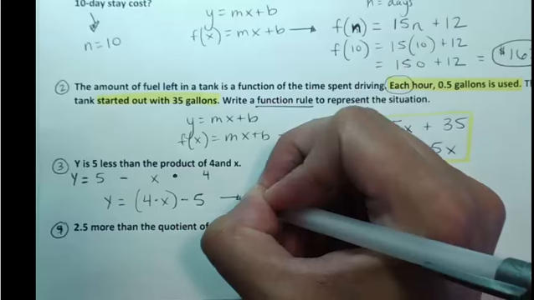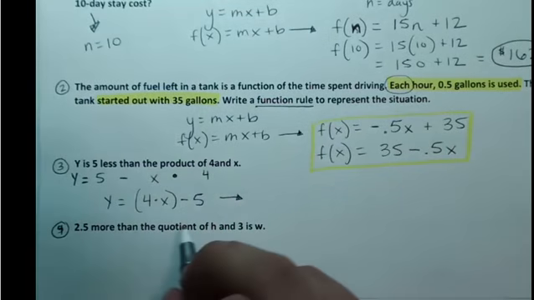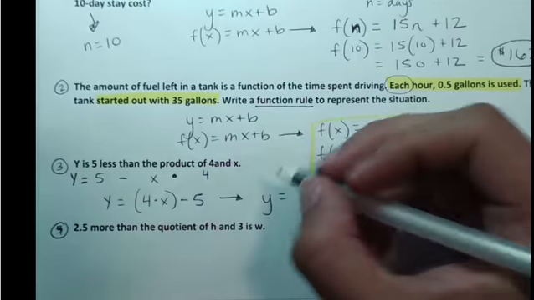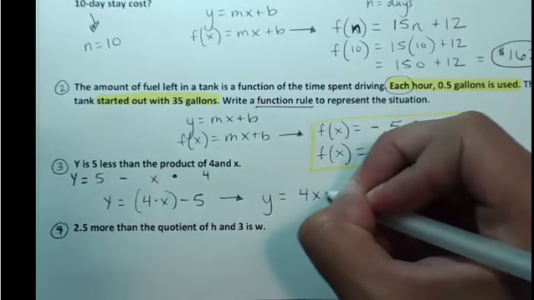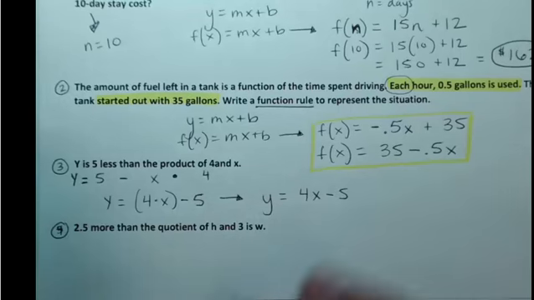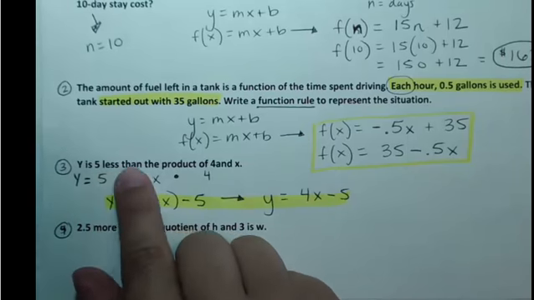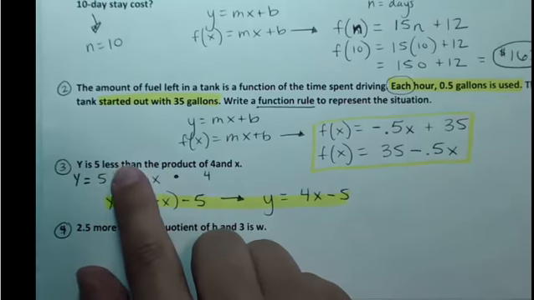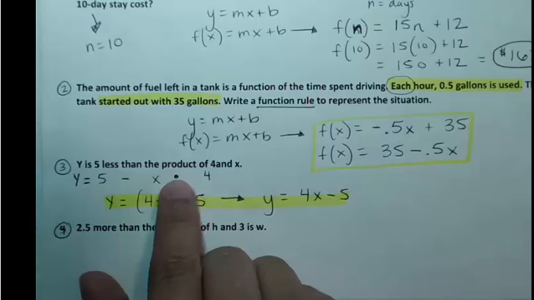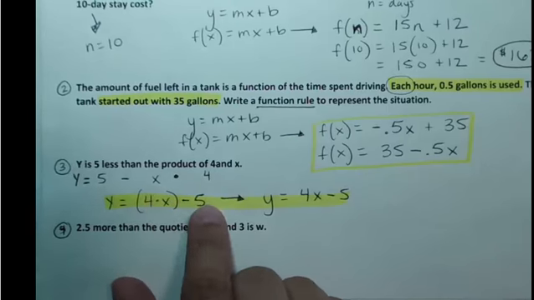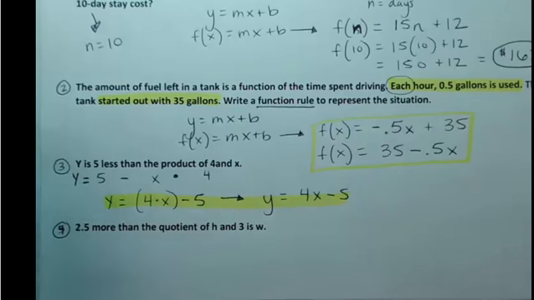Now if I simplify this a little bit more, this would be the correct answer. If I simplify it, y is equal to, instead of having that multiplication dot, I just have 4x minus 5. So either one of those is correct. One of the things you have to remember is when something's less than something else, that part always goes behind that part. If I would take away 5 from this, it has to be after it.